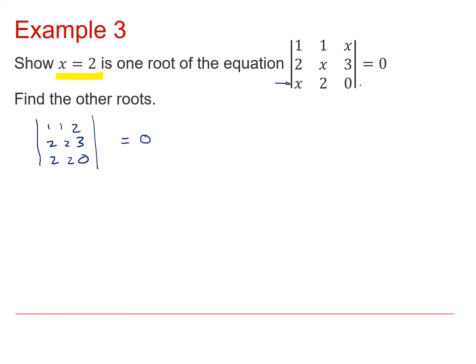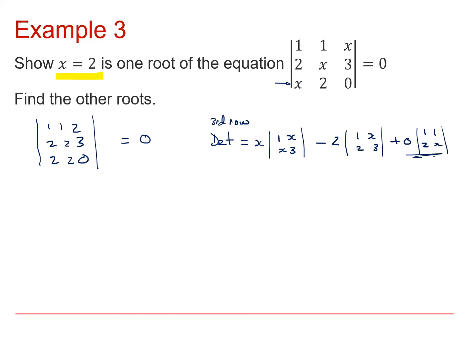So if we expand by the third row, my determinant is going to be x times the determinant for 1, x, x, 3, minus 2 times the determinant for 1, x, 2, 3, plus 0 times the determinant for 1, 1, 2, x.